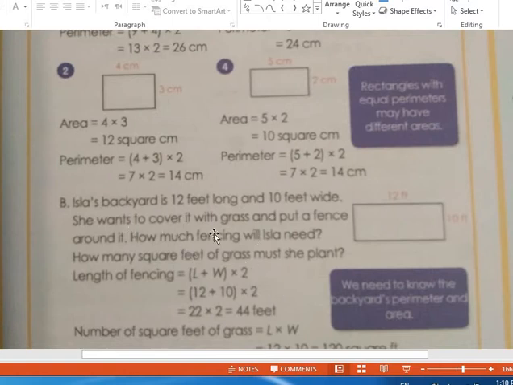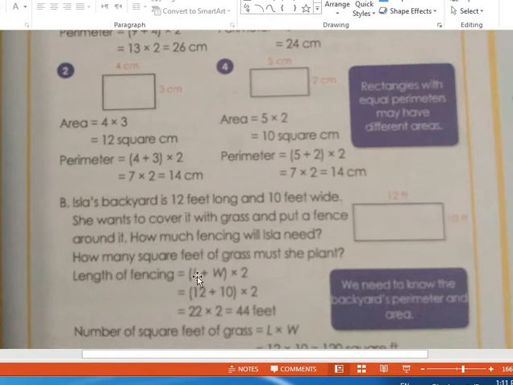Here I have a backyard with dimensions 12 and 10. She wants to know how much fencing Isla needs, so I want to know the perimeter.